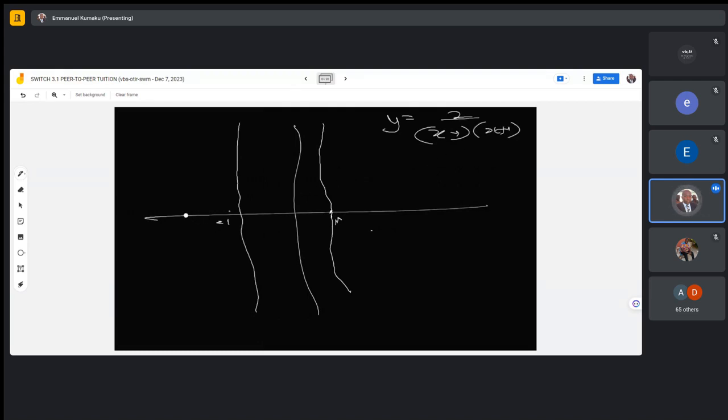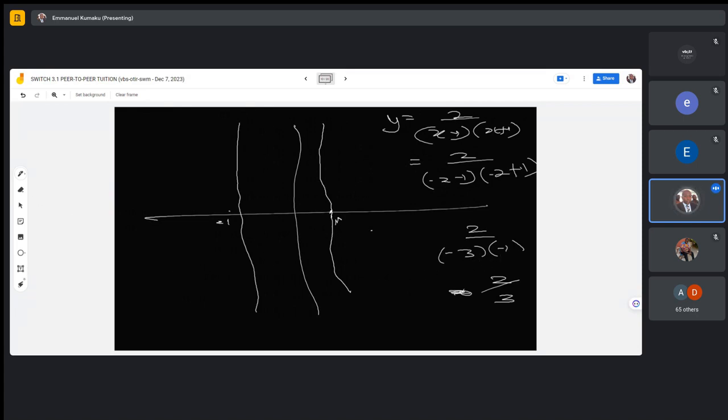Okay, so a number such as negative 2, we are going to have 2 over negative 2 minus 1, negative 2 plus 1. So this will be 2 over negative 3 multiplying negative 1. So it will be 2 over 3. Negative 2 over 3, is that not it? No, positive 2 over 3, because when you multiply, you get positive.